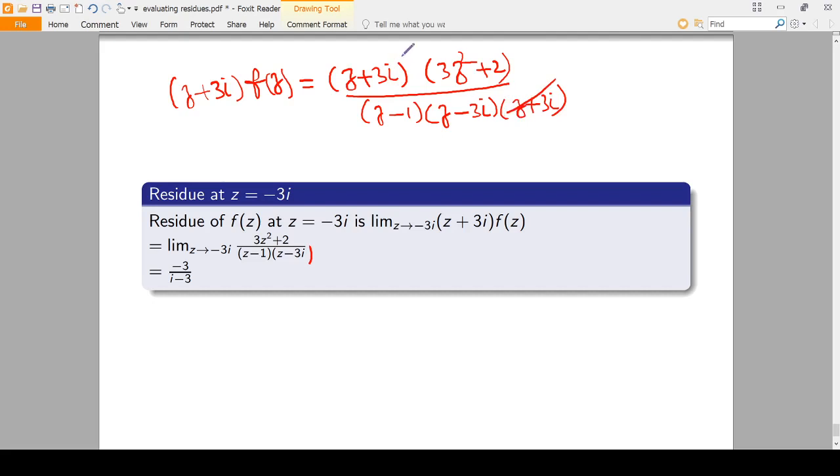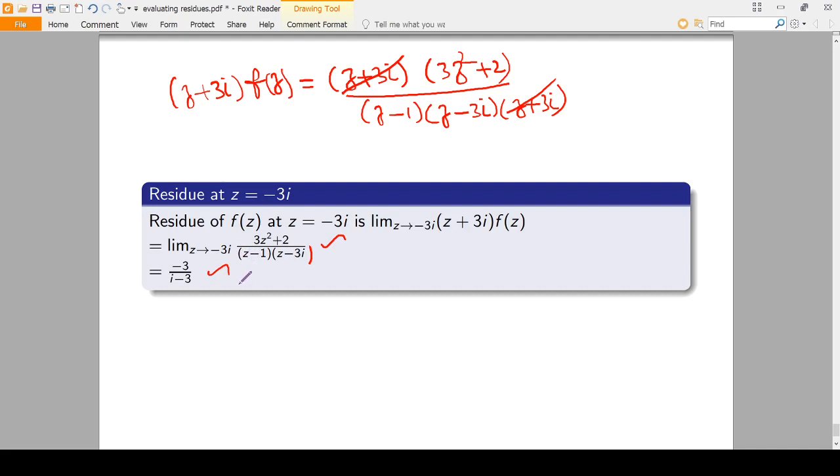So z plus 3i gets cancelled here. This gives you 3z squared plus 2 divided by z minus 1 into z minus 3i. And when I allow z tending to minus 3i, I get minus 3 divided by i minus 3.